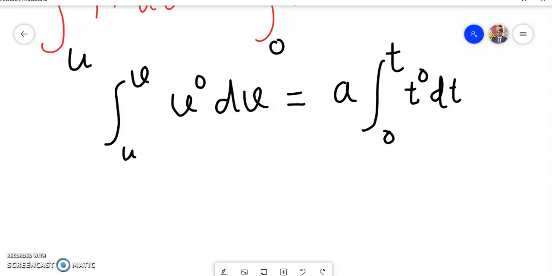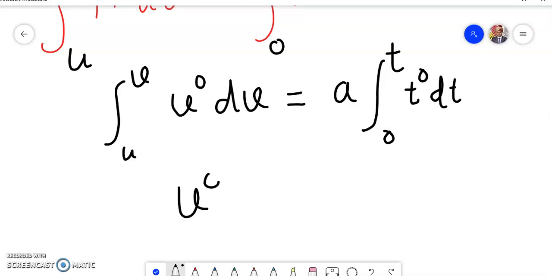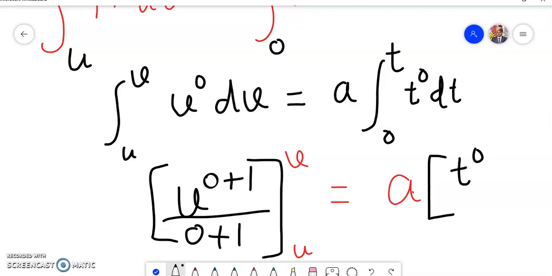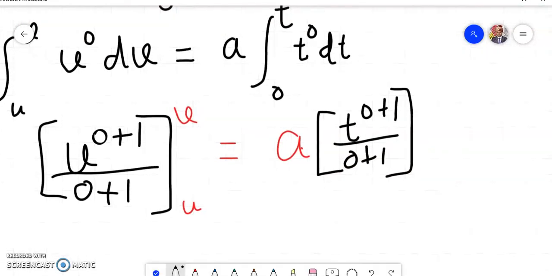The integral of v to the power 0 dv is equal to how much? v to the power 0 plus 1 upon 0 plus 1. This is the formula, and the limits are u and v. Similarly, you are having a, t to the power 0 plus 1 upon 0 plus 1, and the limits, once again, you can put 0 and t.